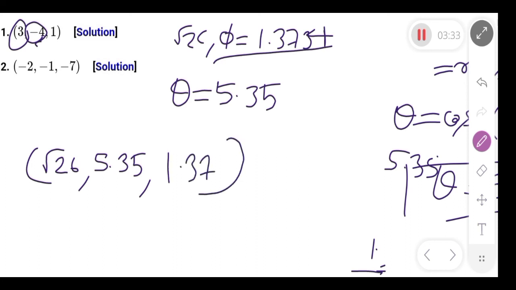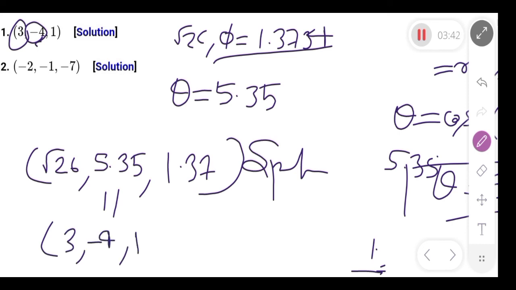Okay, this is the spherical coordinate, and the equivalent Cartesian coordinate is 3, minus 4, 1.